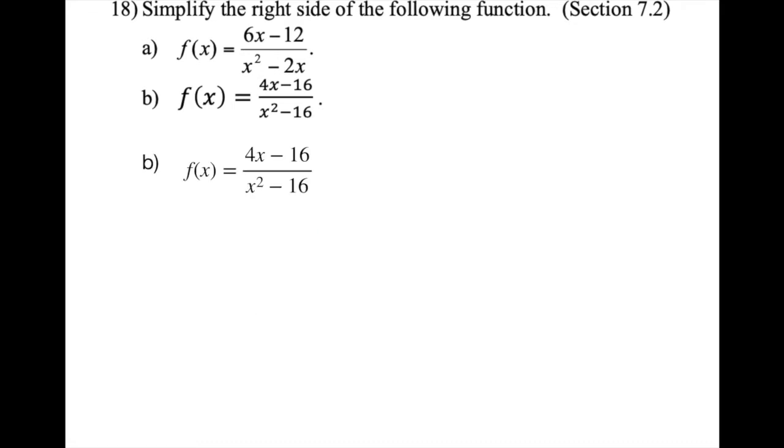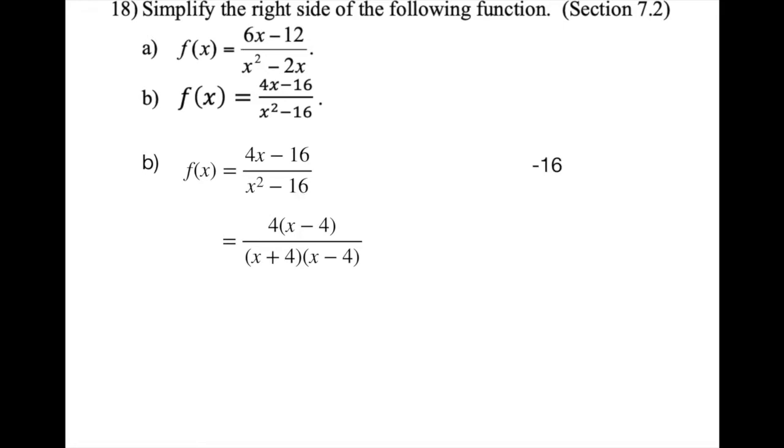For part B, we do very similar things. Factorize up and down. Up here, there's a common factor of 4, so it will be 4 times x minus 4. And down here, x squared minus 16, again we can use the AC method. So a times c is minus 16.